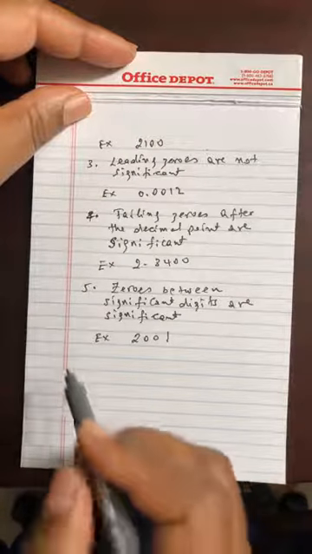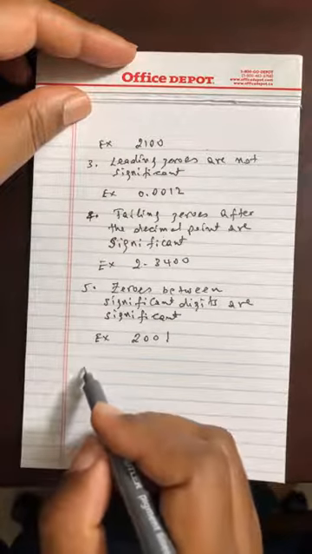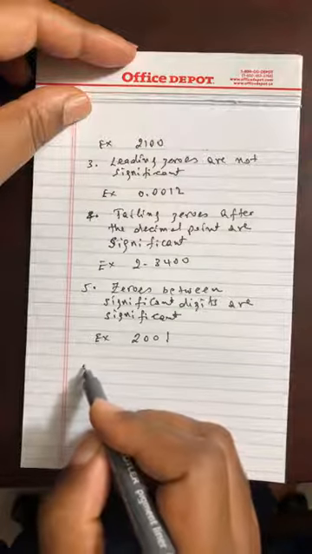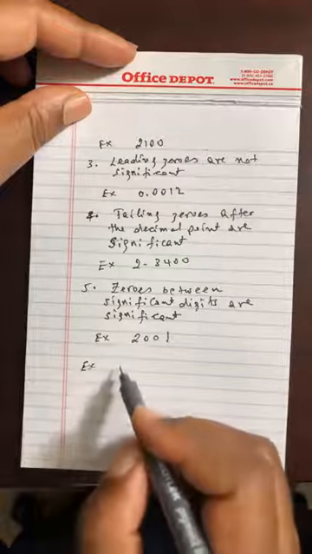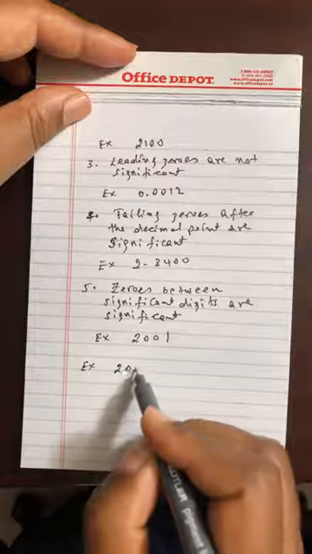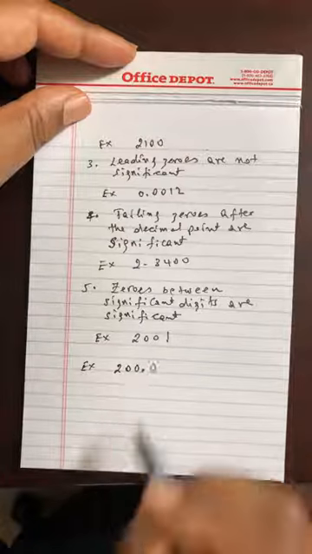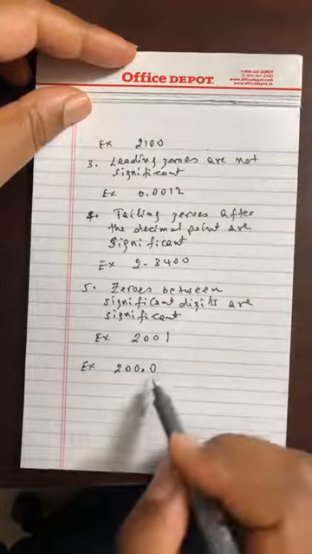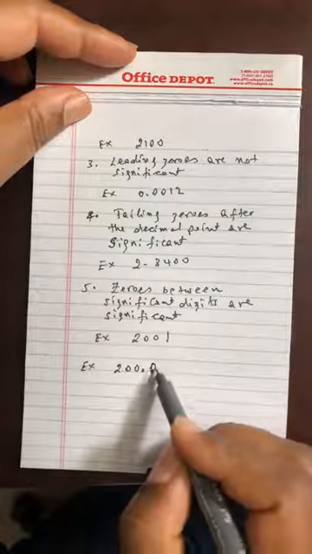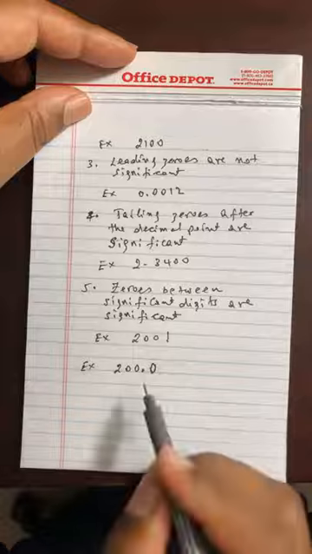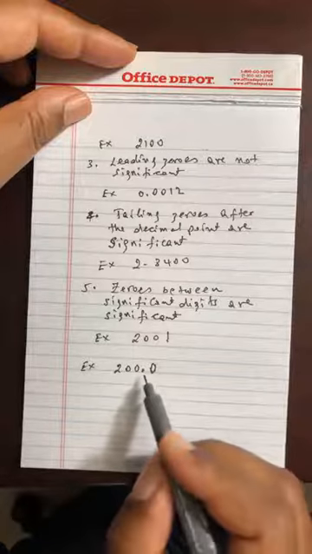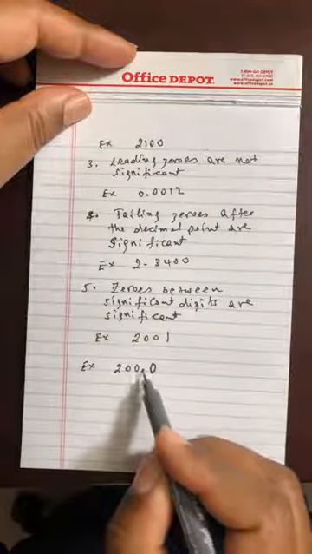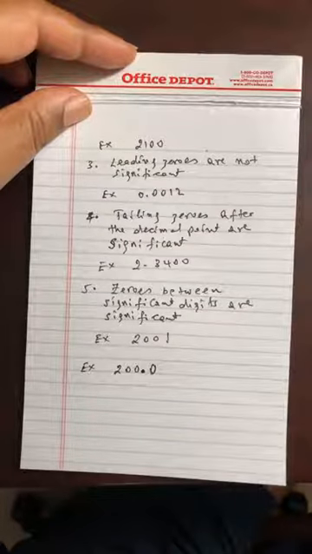All right. For example, let's take the following. Let's say we have the number 200.0. Let's see how many significant digits we have. This 0 over here is significant because it's a trailing 0 after the decimal point.